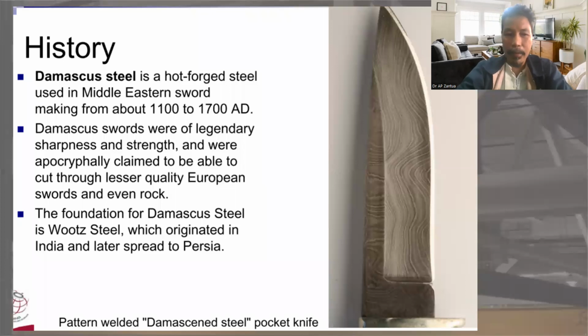The foundation for Damascus steel is wootz steel, which originated in India and later spread to Persia. Persia is actually a country now called Iran. That is Iran nowadays. So Damascus is a city inside Iran. It's still a city right now.